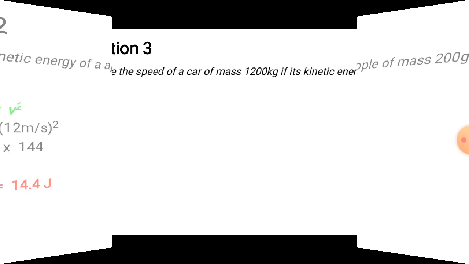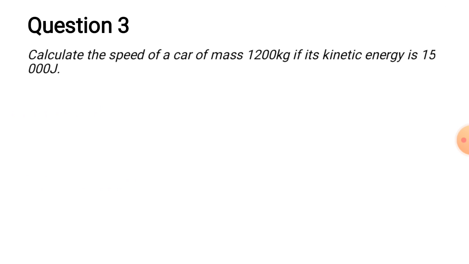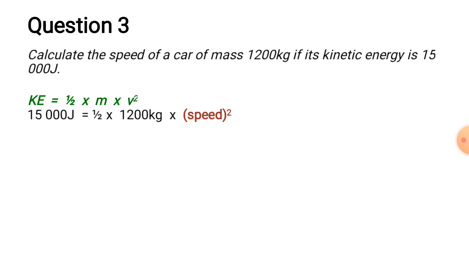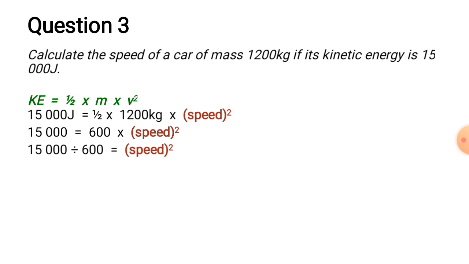Sometimes you can also be asked about the speed of the car, so you have to rearrange the formula. You have to bring v square to the other side. When you bring the v square to the other side, you have to take care of the square root. You directly substitute all those values here.